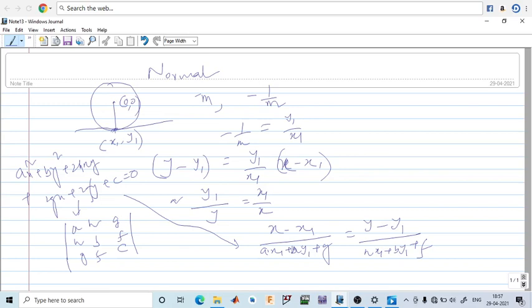Here I am considering the second degree equation. See, this is not a circle equation.